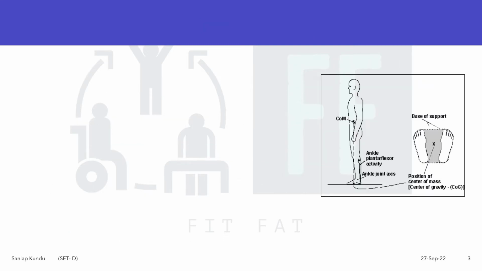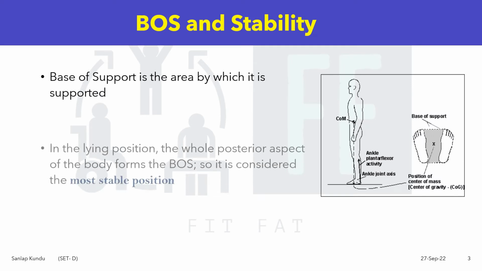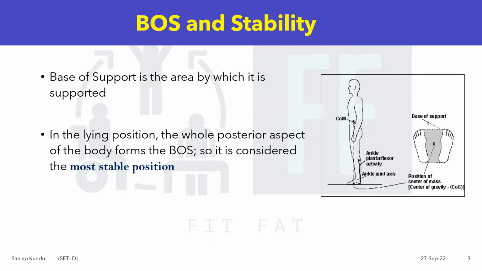Now if we see the relationship between the base of support and the stability, the definition of base of support is the area by which the body is supported. Now in the lying position, the whole posterior aspect of the body forms the base of support. So it is considered the most stable position.